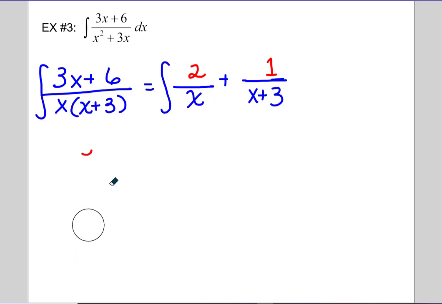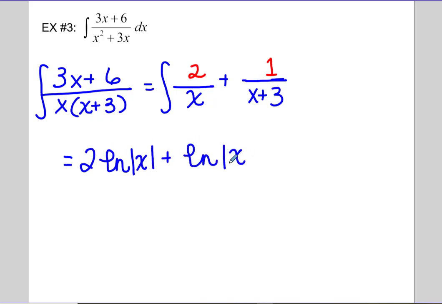So our integral turns out to be this partial fraction decomposition. And when we find the antiderivative, that's 2 times the natural log of the absolute value of x plus the natural log of the absolute value of x plus 3 plus c.